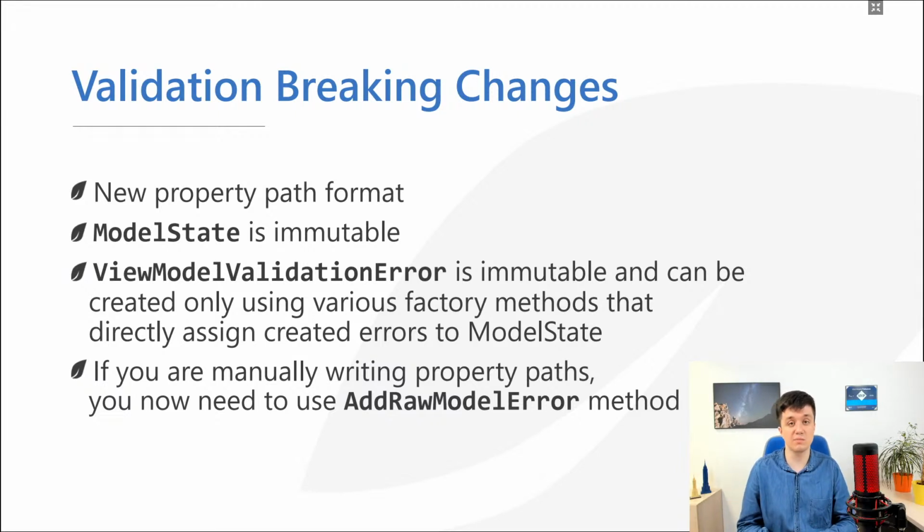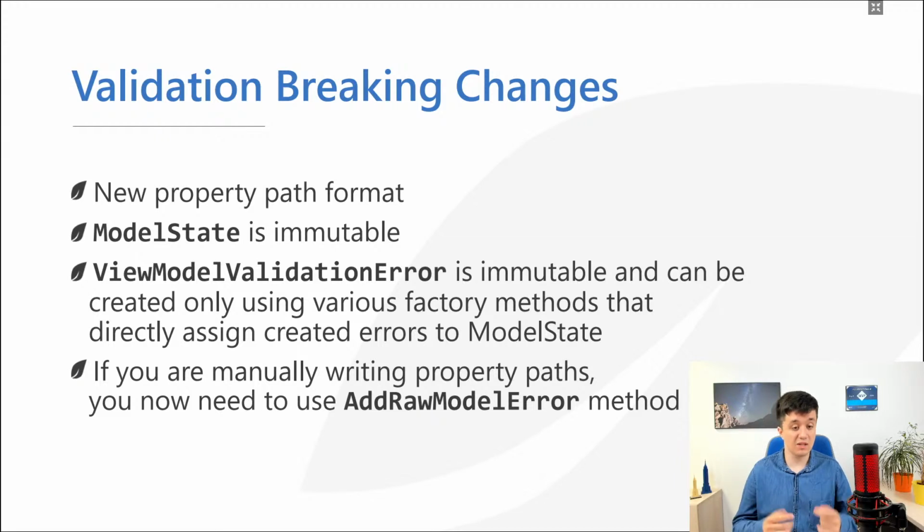But that's basically all. So if you were relying on automatic validation, and you have been using our API for adding manual errors, I mean those various factory methods, you shouldn't have any trouble updating whatsoever. But it's still helpful to keep these changes in mind in case something happens during your upgrade process.